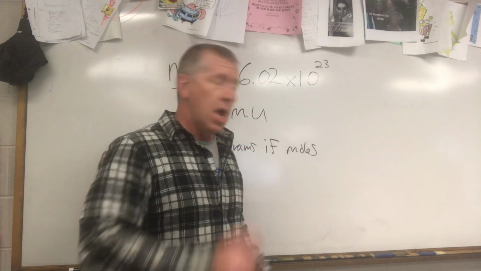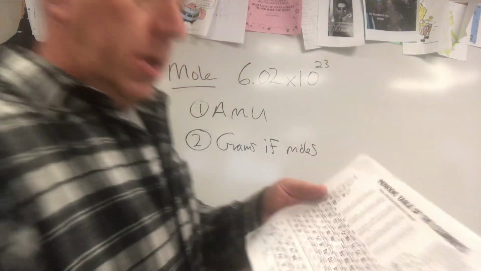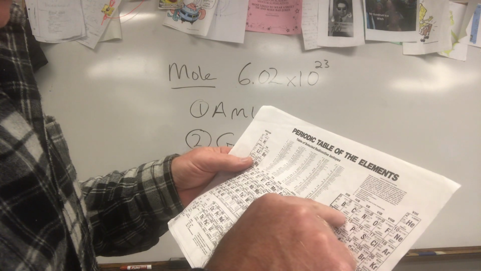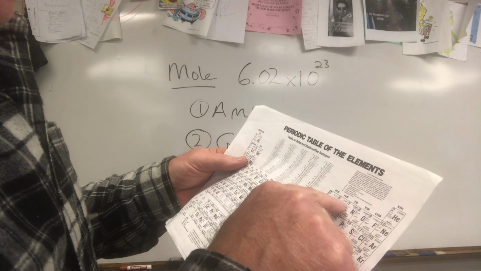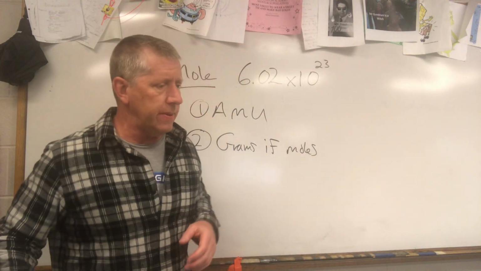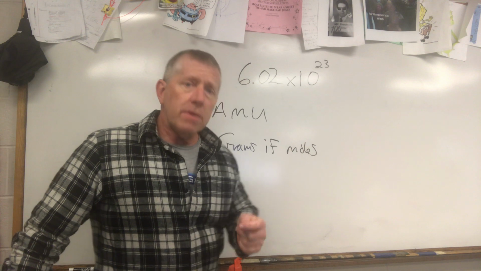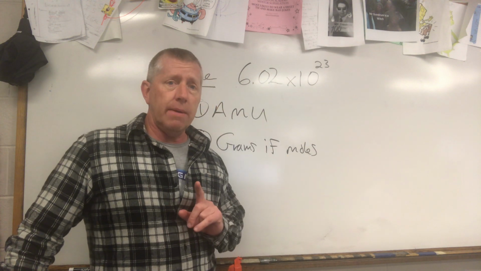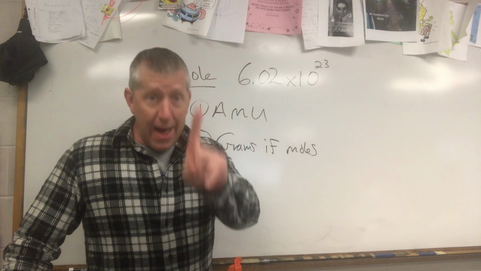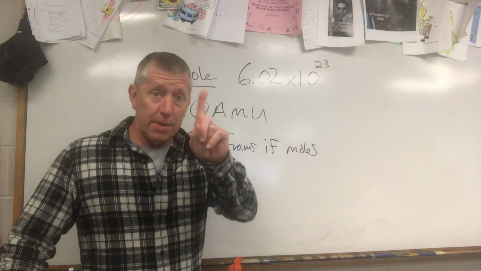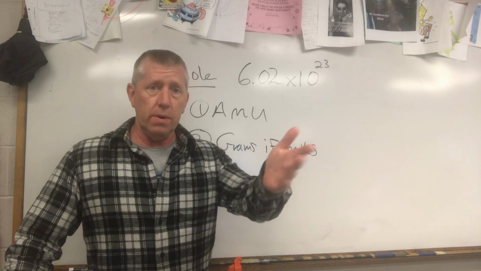So the mass of carbon, if we look on here, is 12.011. Of course, that's the average atomic mass with all the isotopes. That would be 12.011 atomic mass units if I were talking about 1 atom of carbon.